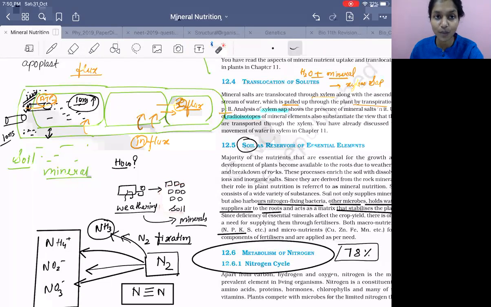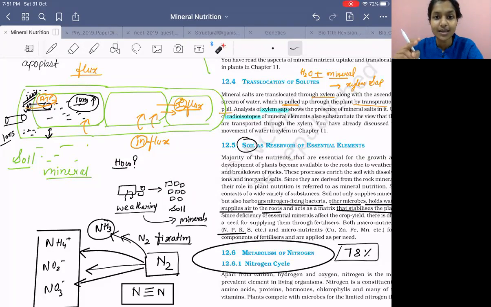And that's the reason why the chapter name is Mineral Nutrition. Although you know it, there are some non mineral elements which have not come from the rocks, like carbon, hydrogen, and oxygen, which come from carbon dioxide and water, right? But apart from that, all other elements, plant is taking from the soil by weathering of rocks. That is one thing.